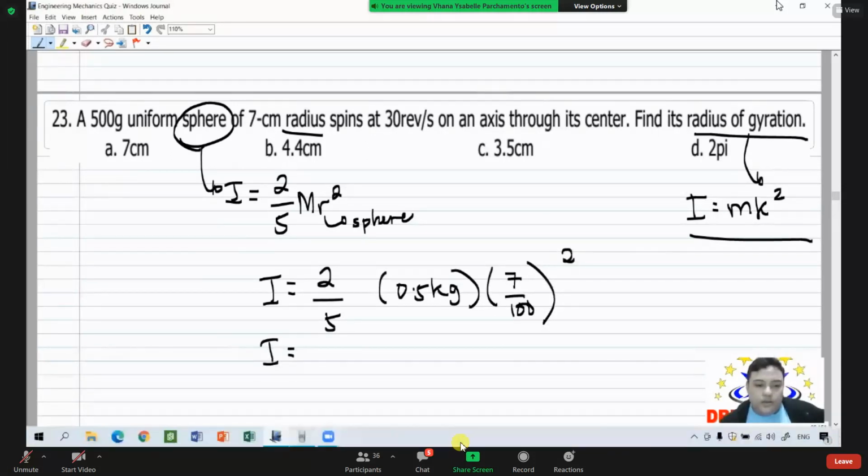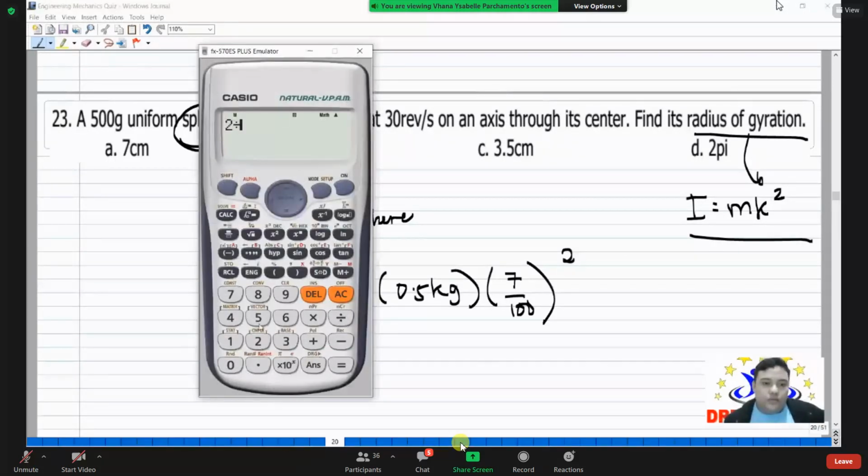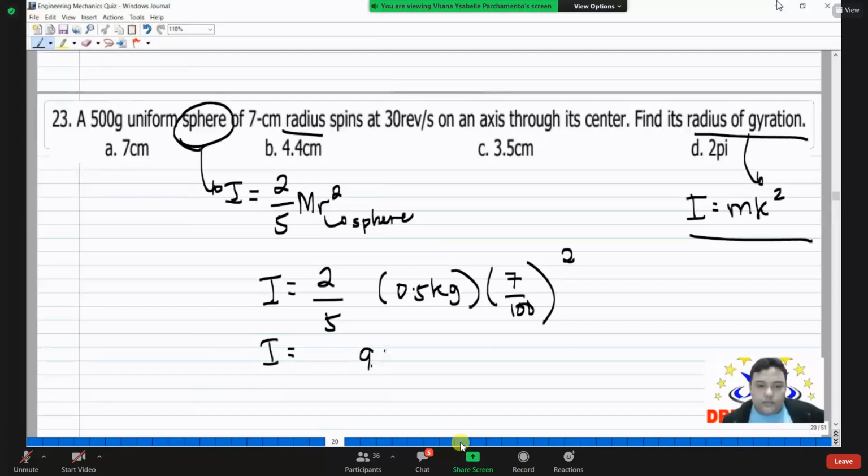So your I now will be equal to what? 2/5 multiplied by 0.5 times 7/100, quantity squared. So which is equal to 9.8 times 10 raised to negative 4 kilogram meter squared. So this is equal to the mass times the radius of gyration, the quantity squared.